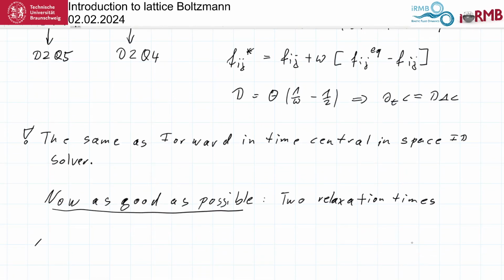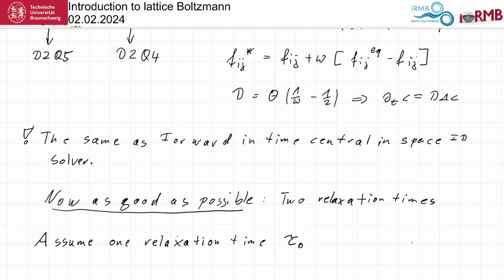Okay, let's do it this way. We assume 1 relaxation time, which we call tau, and there's a usual nomenclature, it's not my invention.